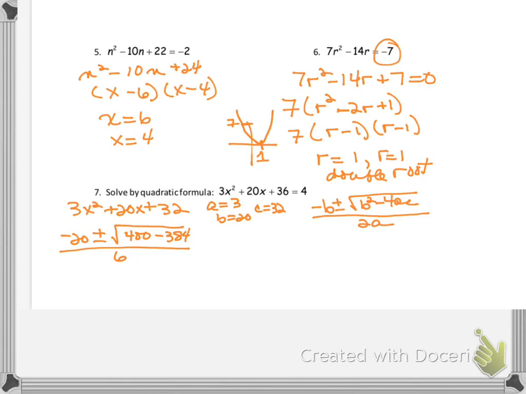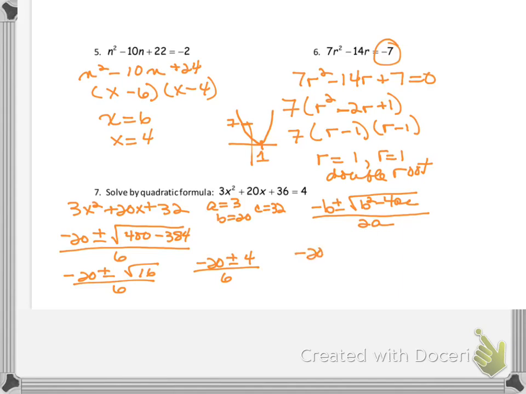So, what are our answers? Well, 400 minus 384 gives me a 16 under the radical. That's a perfect square, so I'm going to bring that out as a 4. So I have negative 20 plus and minus 4 all over 6. Let's do the top first, which means the positive.